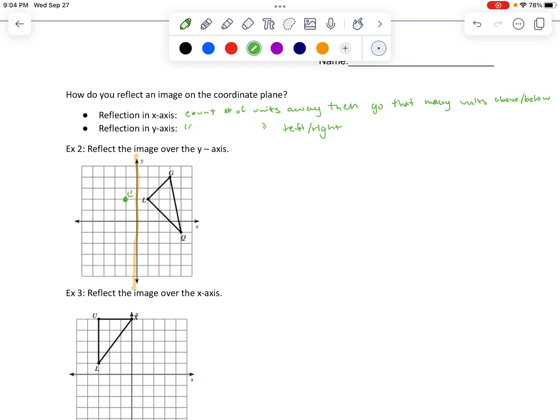When you're dealing with any transformation, don't forget to have that prime. So I've got L prime there. Looking at G, I am 3 to the right of G, so I need to be 3 to the left of G. So you're just going the opposite direction. Q here is 4 away, so I go 4 away from the line there.